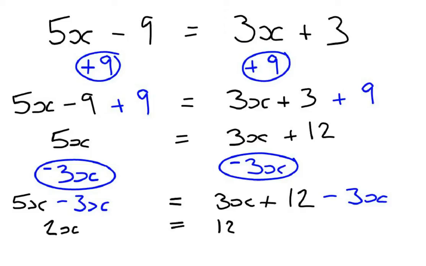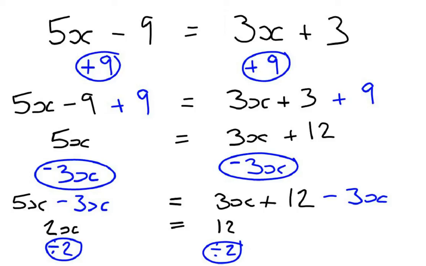So now we know that 2 times our unknown number, 2x, equals 12. So what we need to do to both sides is divide both sides by 2. I'm dividing by 2 because that's my coefficient in front of my x here. Whatever we do to the left-hand side we have to do to the right-hand side, so I'm going to divide that side by 2 as well.